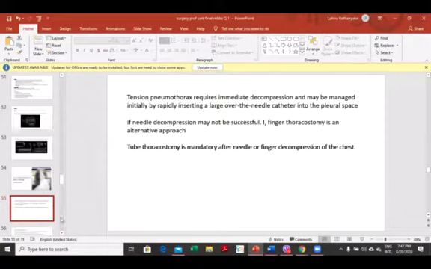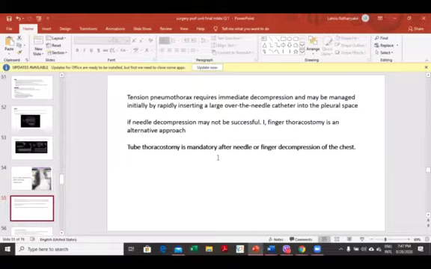How do you manage? You have to immediately decompress the tension pneumothorax, otherwise hemodynamic collapse might kill the patient.